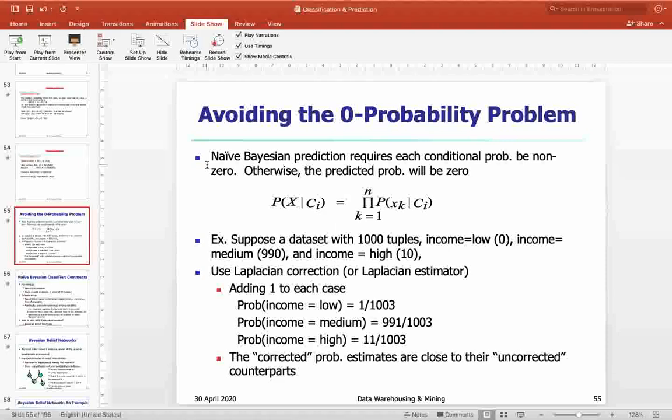Means if there is an occurrence of zero probability, suppose there is no data for which the class level is no, like that. In this case, how can you tackle the problem?